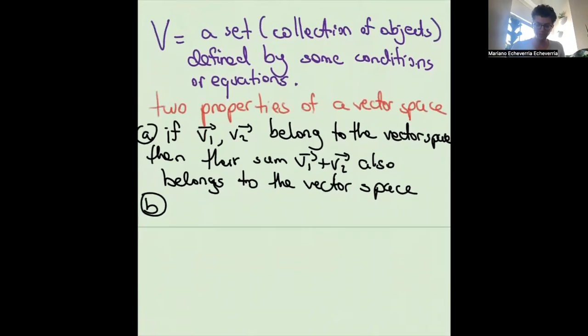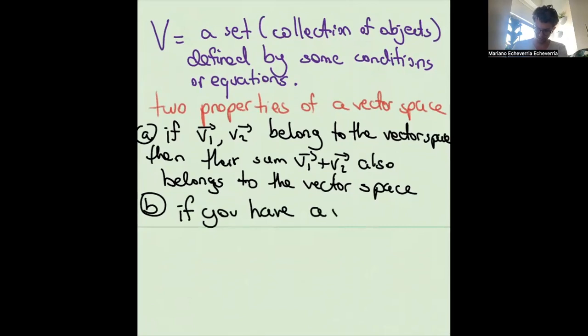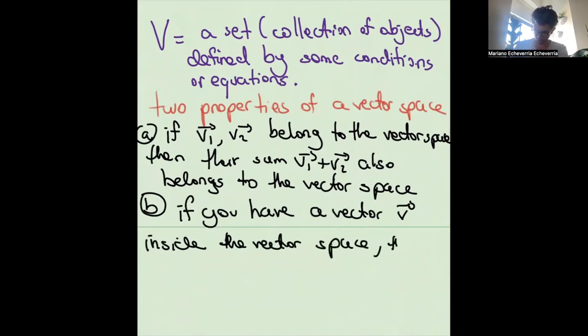And then the second condition is that if you have a vector that belongs in the vector space, and you multiply it by a number, then the scaled vector continues to belong to the vector space. So if you have a vector v inside the vector space, then the rescaled vector c times v belongs to the vector space as well.